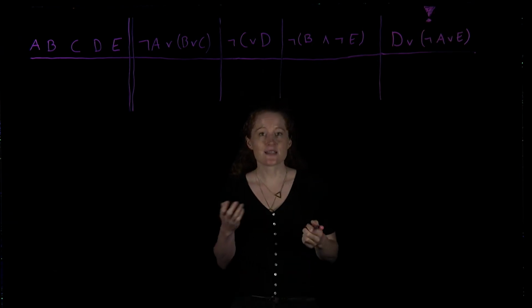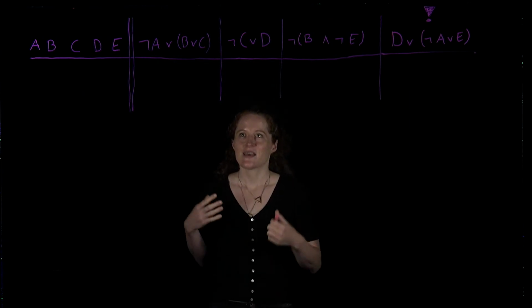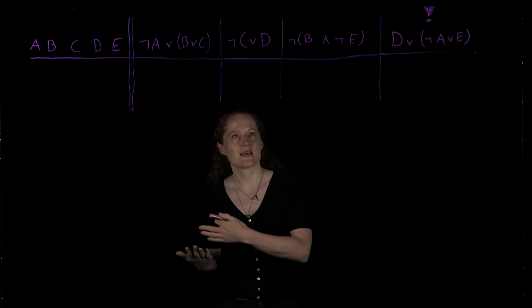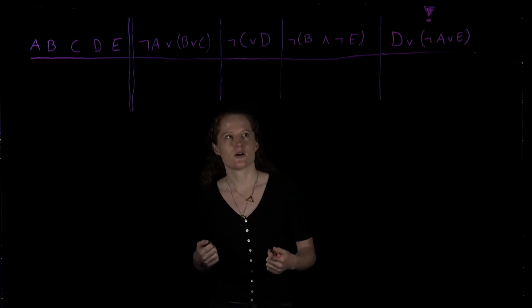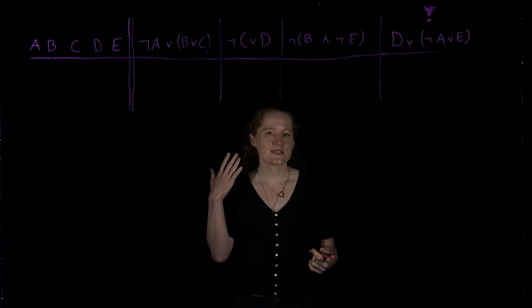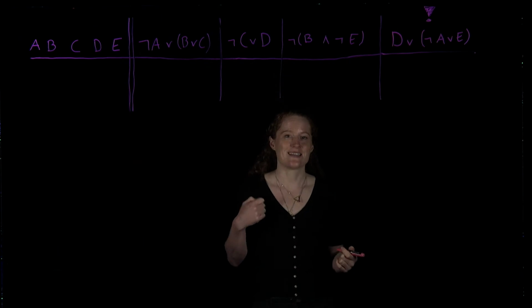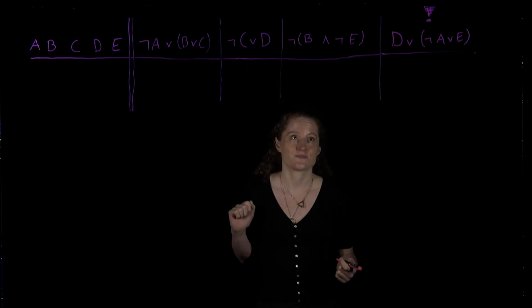Okay, so this argument is valid if and only if every valuation that makes all the 3 premises true also makes the conclusion true. So let's, for the sake of argument, suppose that this argument is invalid.